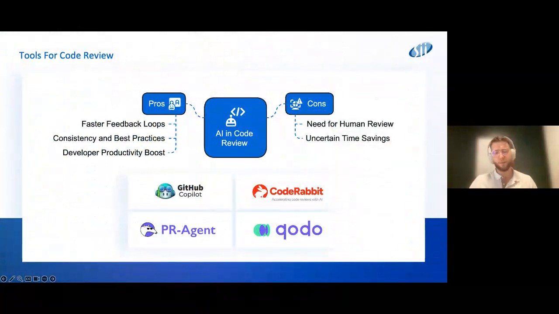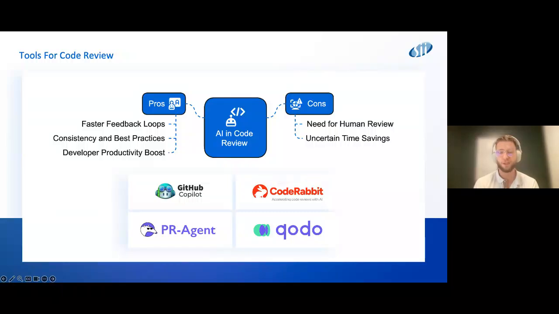And I think one of the most interesting usages of AI-based tools is using them for code review. As you probably know, code review is a crucial thing because we prepare a lot of code.